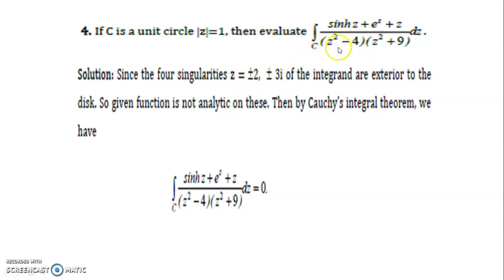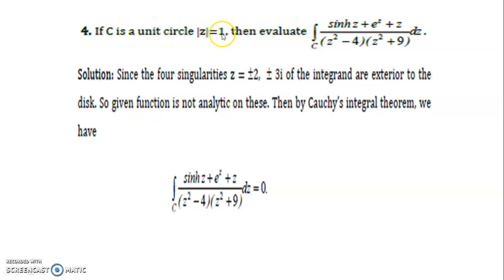Only by equating this, definitely it would give plus or minus 2 and plus or minus 3i, which are singularities of this integrand. So these points lie outside, or exterior to, the disk given, since it is the unit circle |z| = 1, while these points are at 2 and 3.